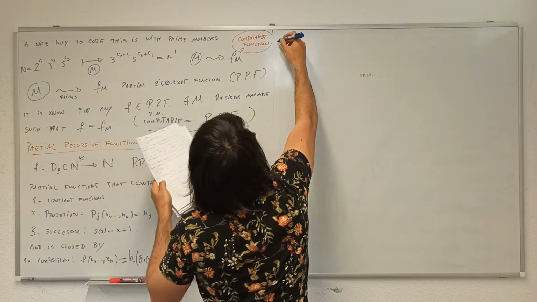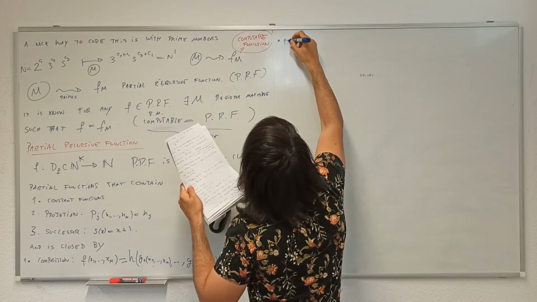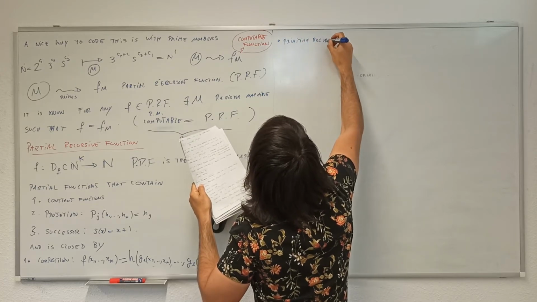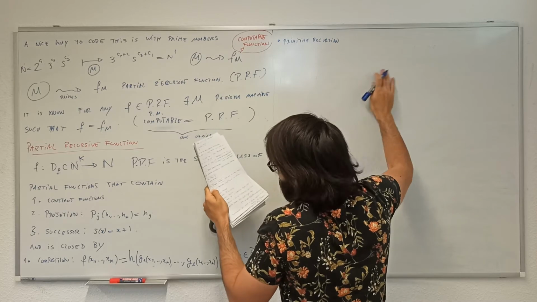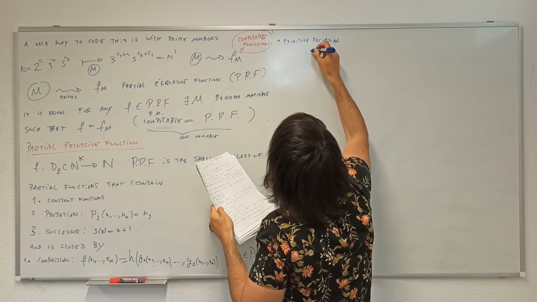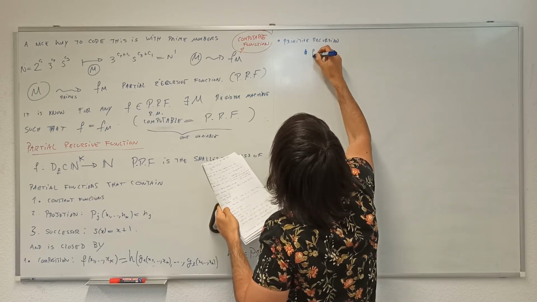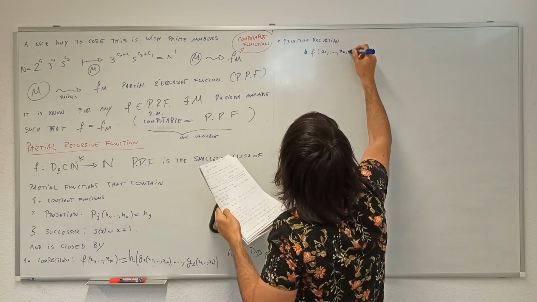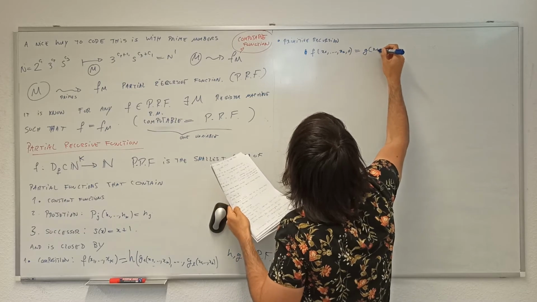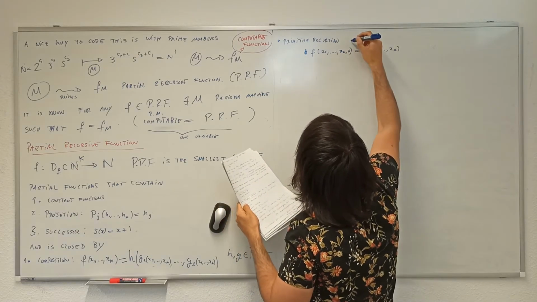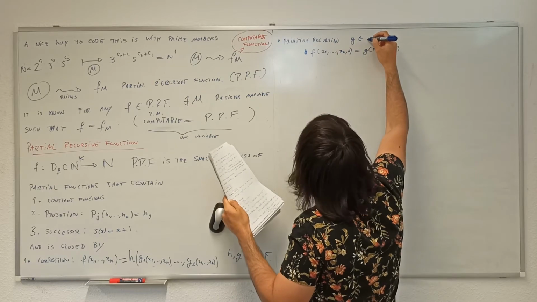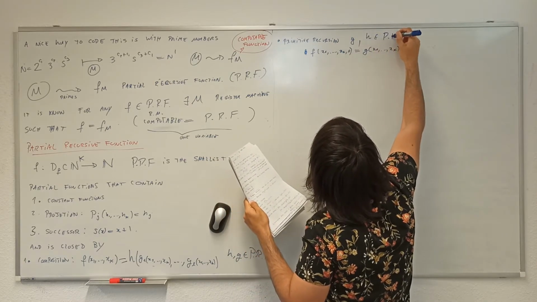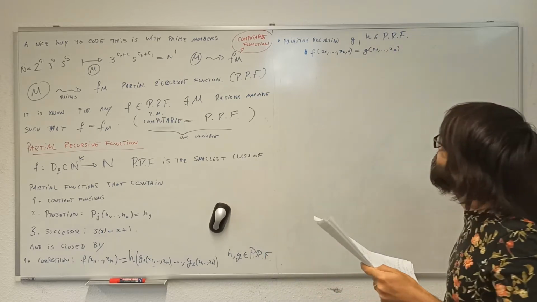There are 2 more operations. The next one is primitive recursion. So basically I define f of x1 to xk and 0 to be some initial g, so I have g and h, partial recursive functions.